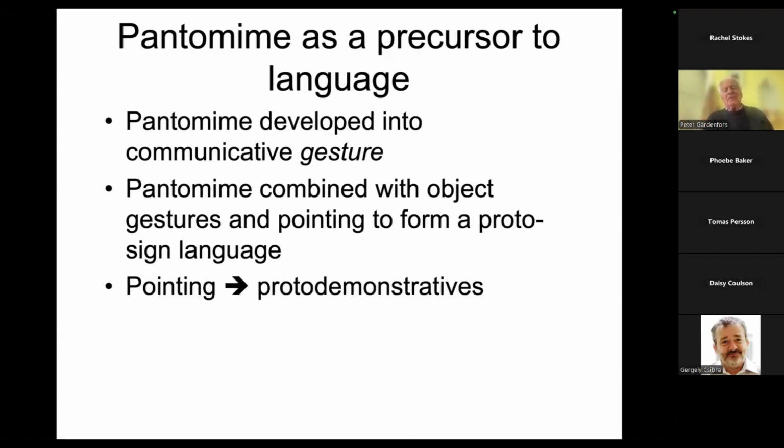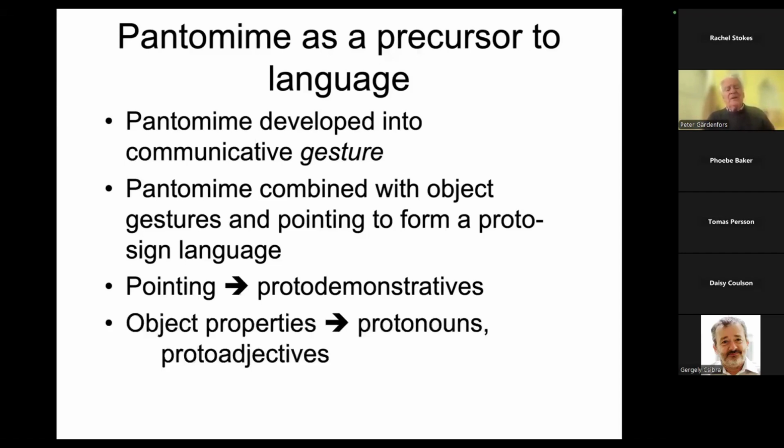And you can see that pointing functions as a kind of proto-demonstratives: here, there, and now, and so on. And gestures for object properties refer to objects and nouns, or to adjectives, some kind of properties of the object.